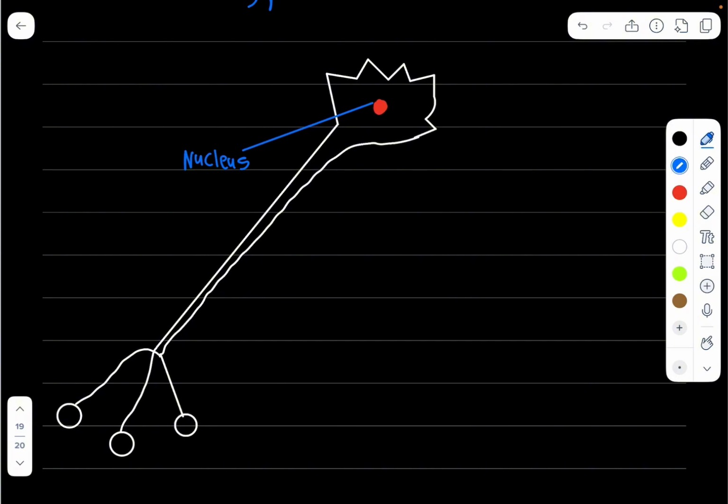Now, I forgot to draw one structure. We will draw it with a different color. This is how it looks like.